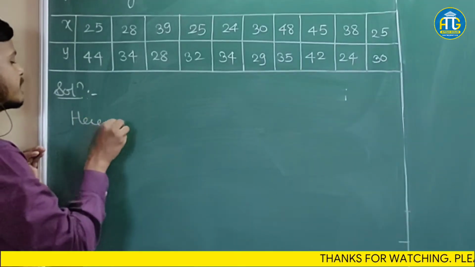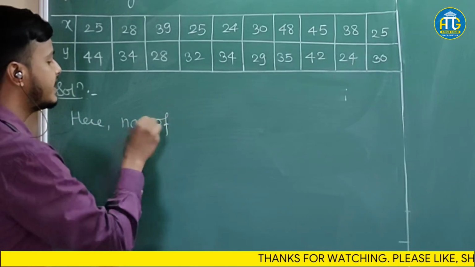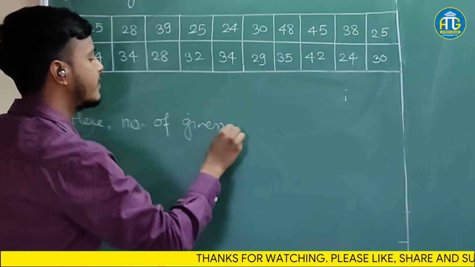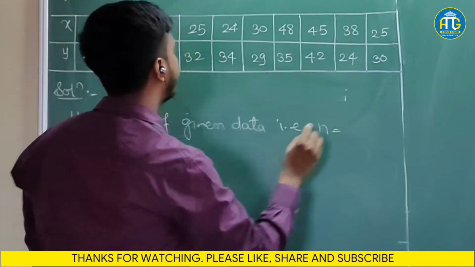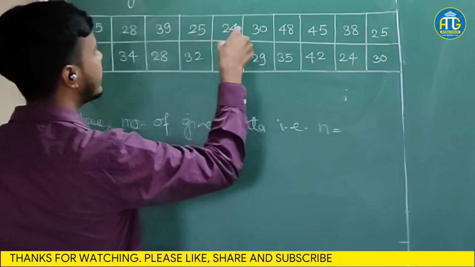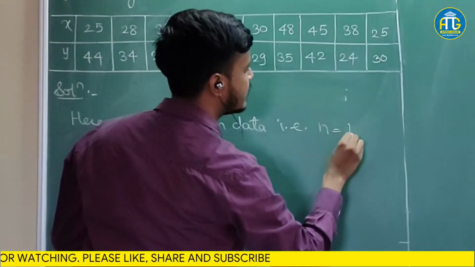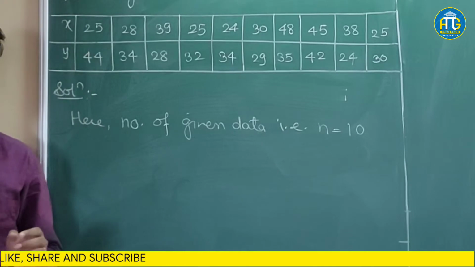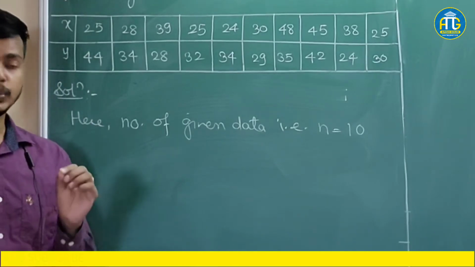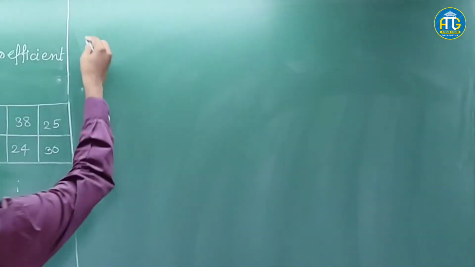The number of given data, that is n, is equal to 10. Now to find out the rank correlation coefficient, we need d square, and for that we have to do the tabular calculations.